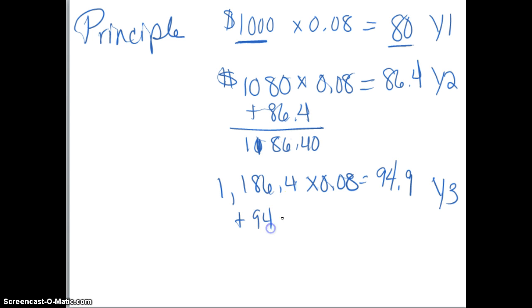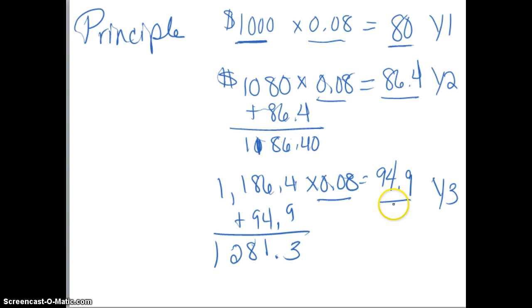I add that on. And you can see that as the interest is added on each year and calculated, I'm yielding a higher return than the total interest earned. That's how compound interest works.